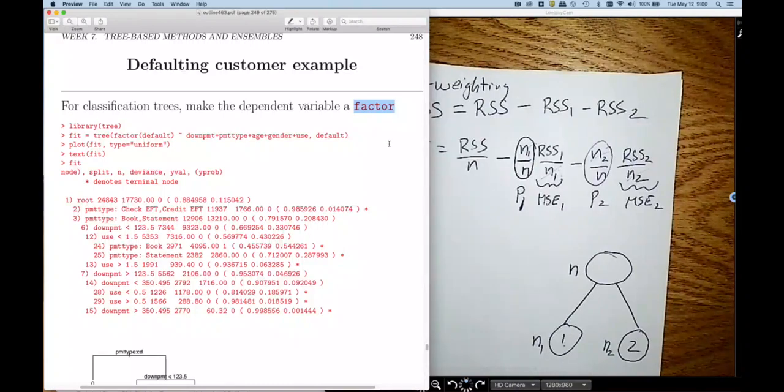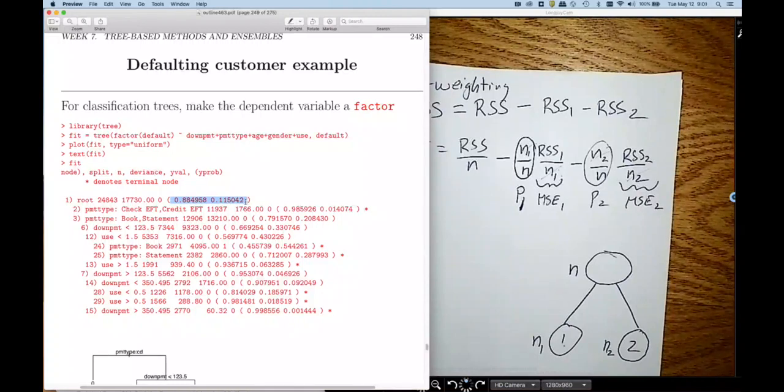I don't remember which one it is, but it'll use a suitable impurity measure, and it will switch from using the RSS measure to the deviance measure for a binomial. And notice, instead of getting the predicted values for a regression tree, we get two probabilities.